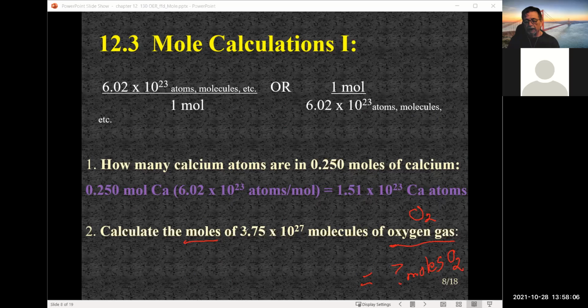And they're telling you that if I have 3.75 times 10 to the 27 molecules of oxygen gas, how many moles would that represent? Okay, so we write down what we're given, 3.75 times 10 to the 27 molecules of oxygen gas.